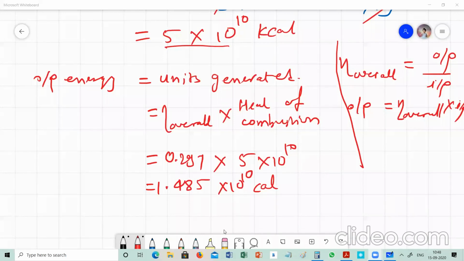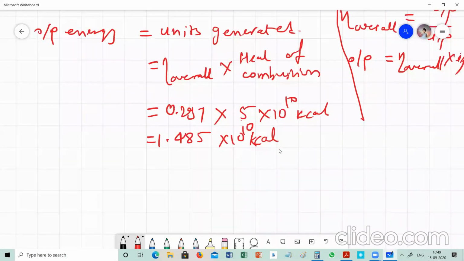See, the unit of heat of combustion is kilocalorie, and the efficiency has no unit. Means its unit is kilocalorie. We have to convert it into kWh because electrical energy is measured in kWh.